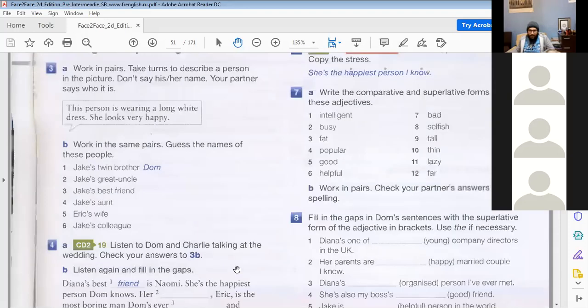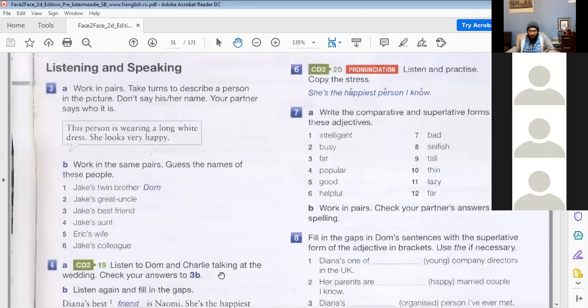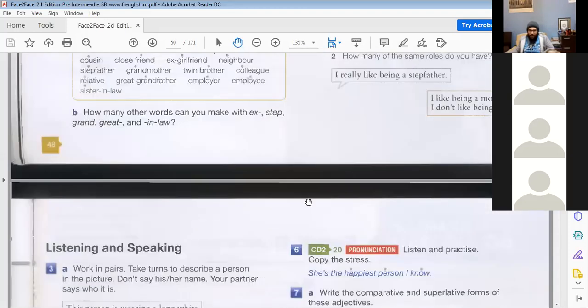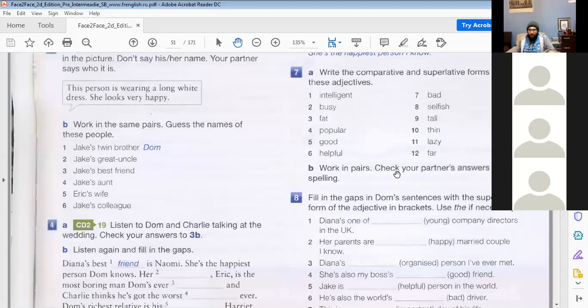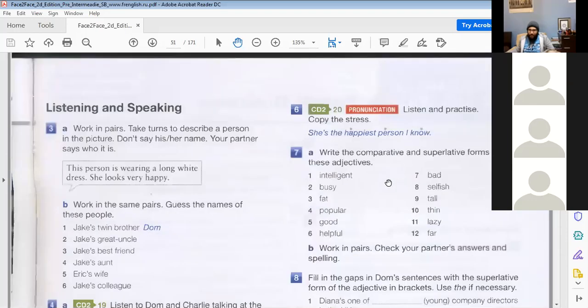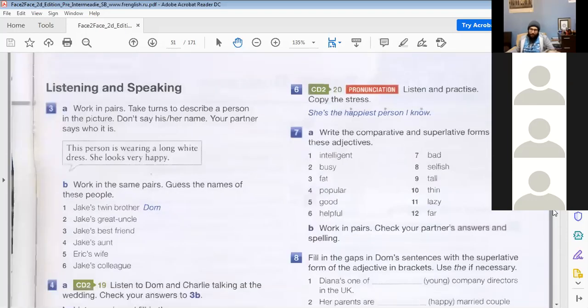So it says here, listen to Dom and Charlie talk about the wedding. We're going to hear the conversation from these two, and they're going to tell us about all the guests, all the people in this picture. Remember that Dom is Jake's twin brother, right?